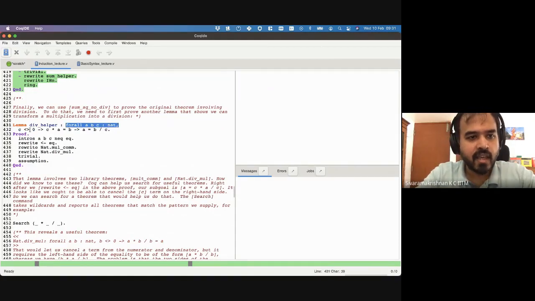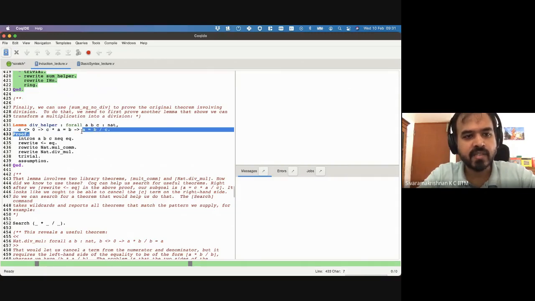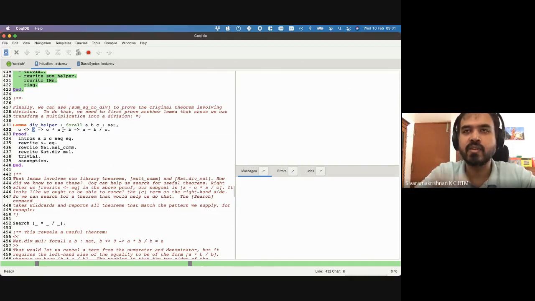If c is not equal to 0, then if you have c times a equals b, then it is the same as a equals b divided by c. We are just bringing the c down, and we can do that only when c is not equal to 0. If c is 0, then we cannot divide by 0. That is meaningless, so that's the reason why we have this precondition here.